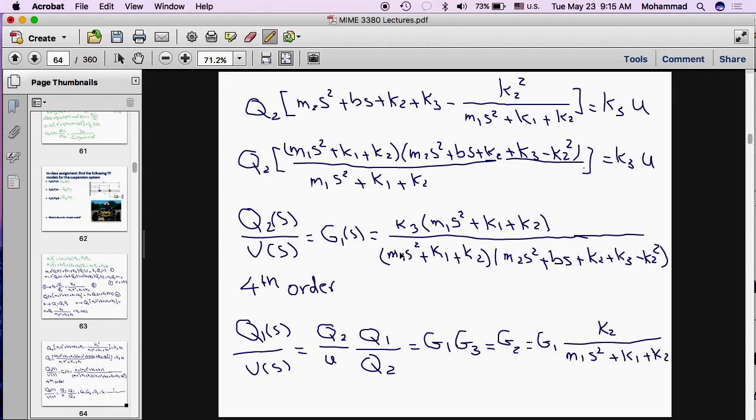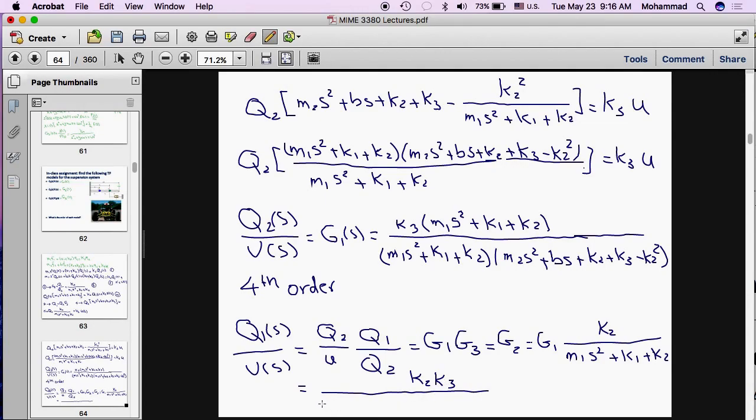So the end result would be equal to, our numerator will simplify. It becomes K2 times K3. And the denominator will simply repeat.